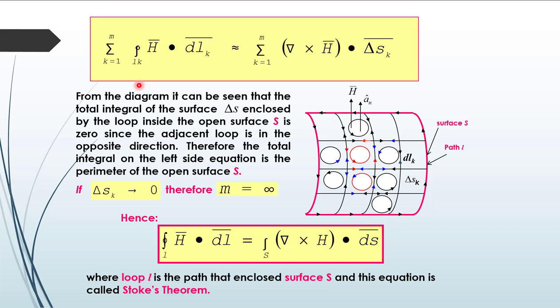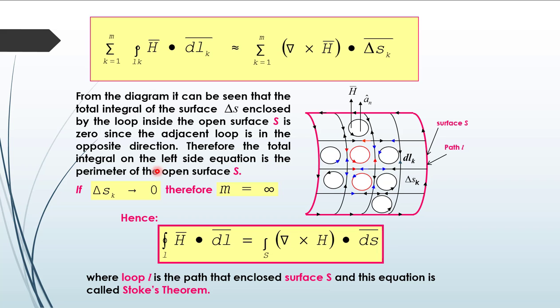From the diagram it can be seen that the total integral over the interior surface delta S enclosed by the loop inside the open surface S is 0. If you add all such H dot dl for each of these small areas, the total becomes 0.